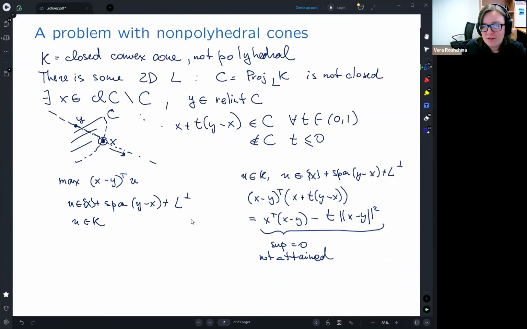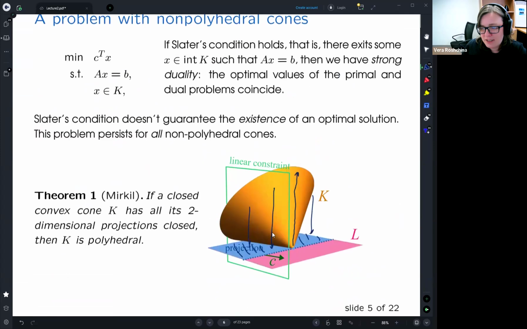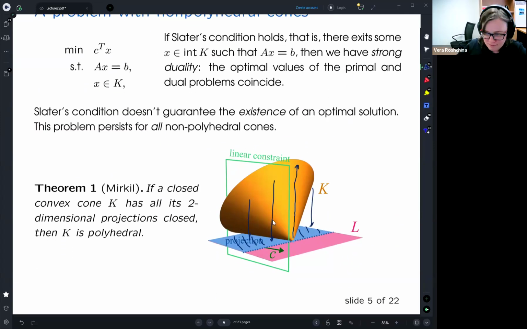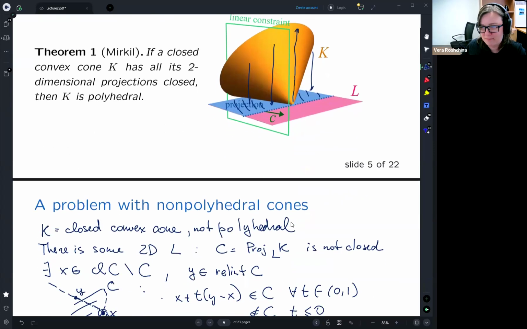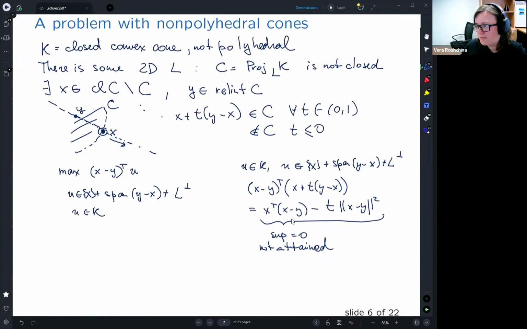But this really is the main issue with a lot of conic problems and a lot of general convex problems as well. Okay, anybody have any questions or any comments or corrections?